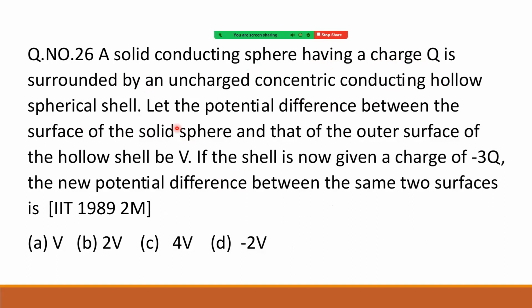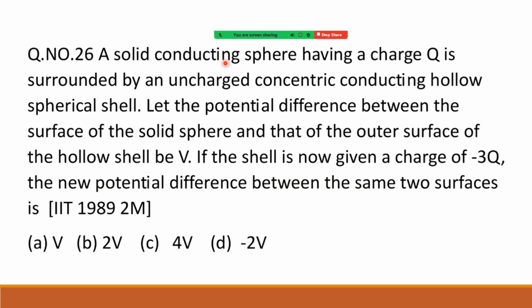Let the potential difference between the surface of the solid sphere and that of the outer surface of the hollow shell be V. If the shell is now given a charge of minus 3Q, the new potential difference between the same two surfaces is. This question is also a previous IIT problem, 1989, given for 2 marks. Let us see how to solve this one.